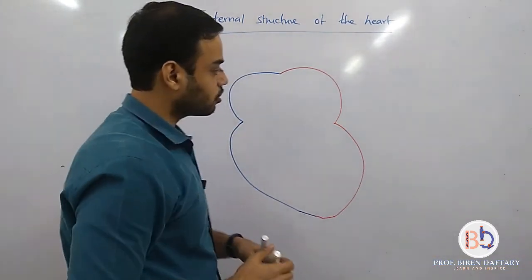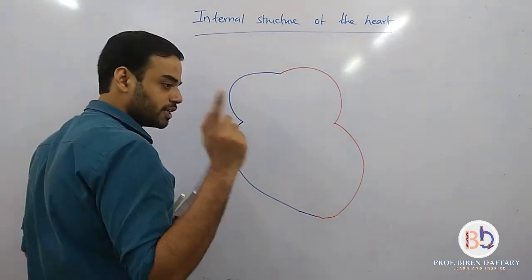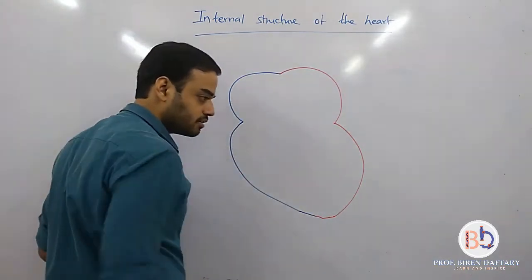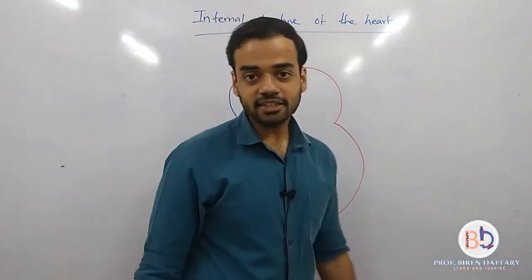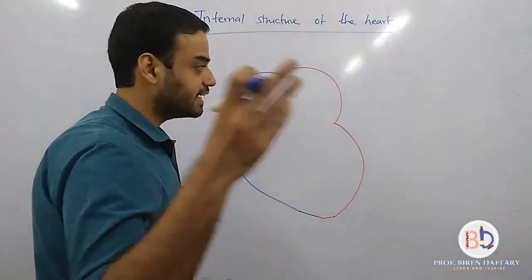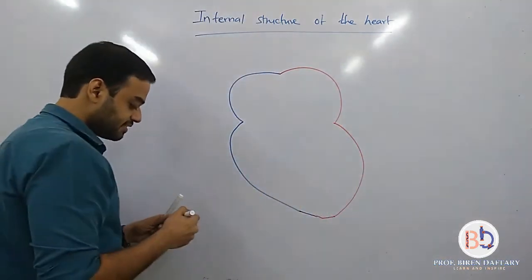Now let us draw the walls which are present. Do you remember the names of the walls? We had already done that last time. The wall present between the two atria is called the interatrial septum, or interatrial sulcus.